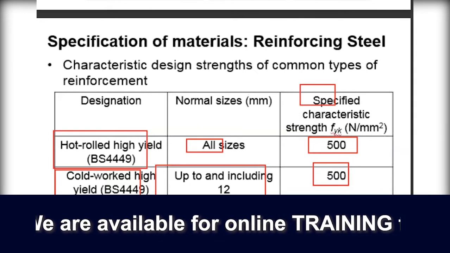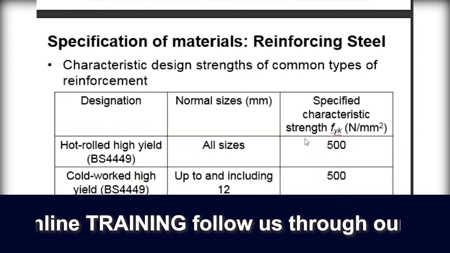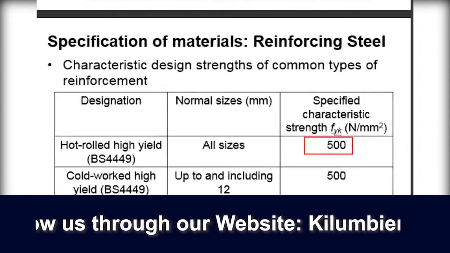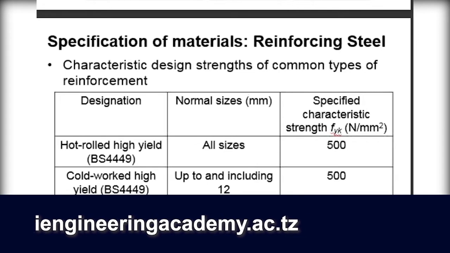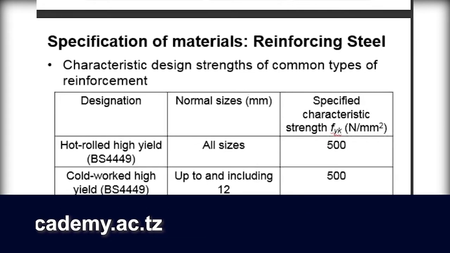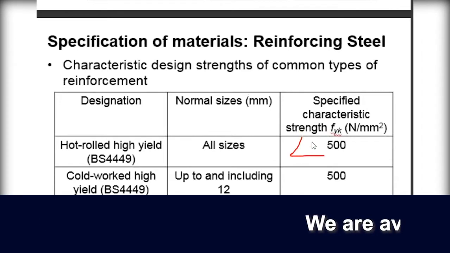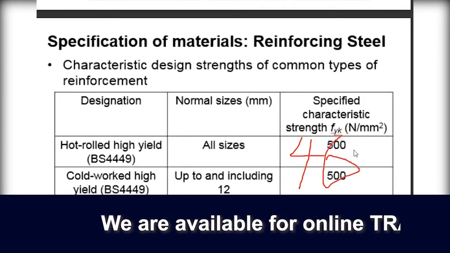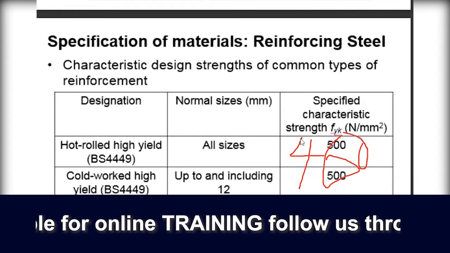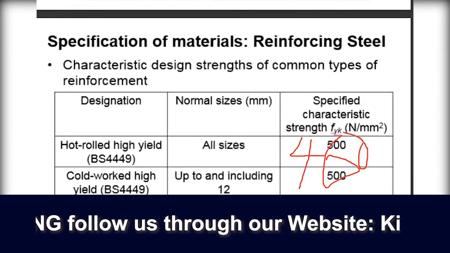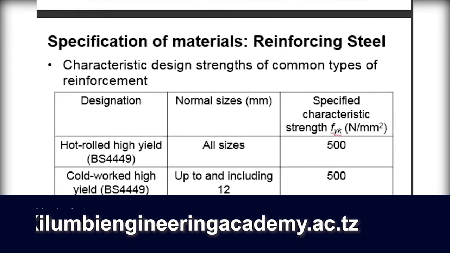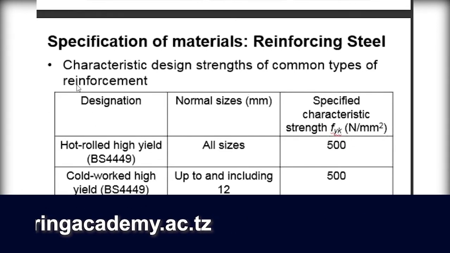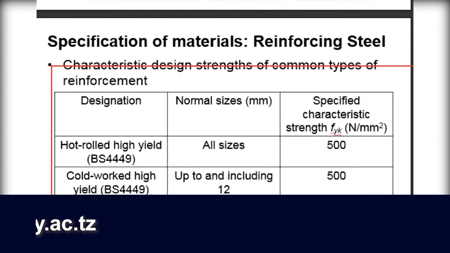But in BS you can go up to 450, 460. I mean you can lower it up to 460. But in Eurocode you go up to 500. So pass it through in order to understand the characteristic strength of the specification of the steel.